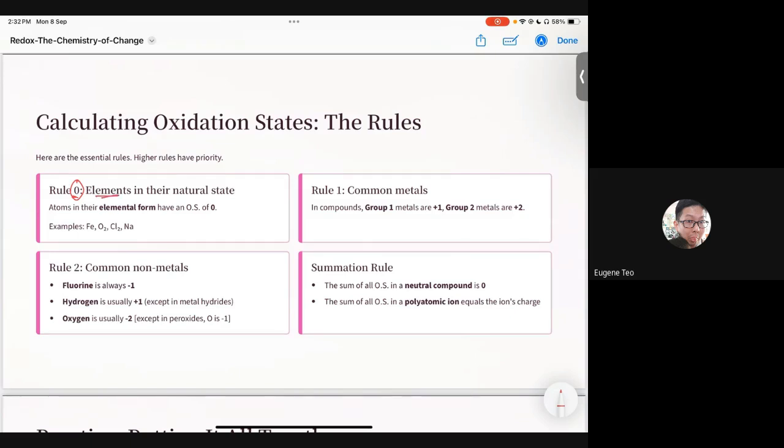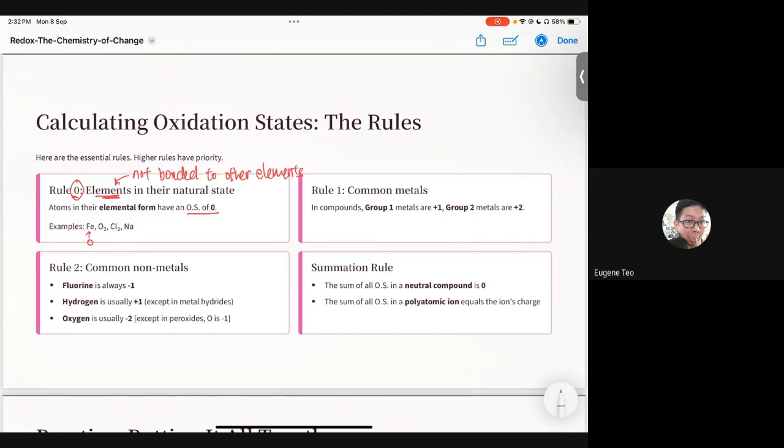First thing, elements. As long as they are in their elemental form, that means elements not bonded to other elements, it's not a compound, right? It's an element. As long as it's an element, the oxidation state is 0. So look at this here, the Fe, iron on its own, is an element, oxidation state 0.